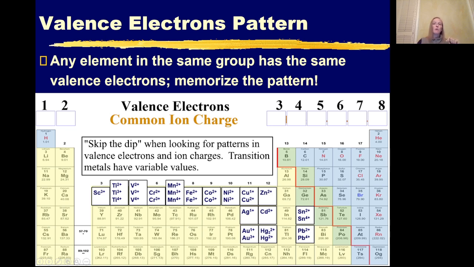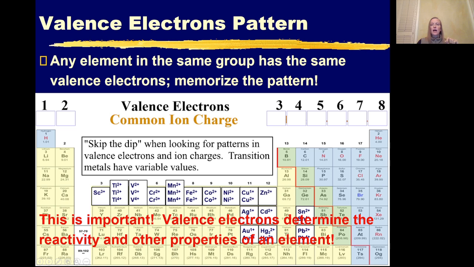The one important exception to this rule is helium. Helium does only have 2 valence electrons. So in some regards, you can almost think of helium as belonging over here where the notch has been cut out of the periodic table.